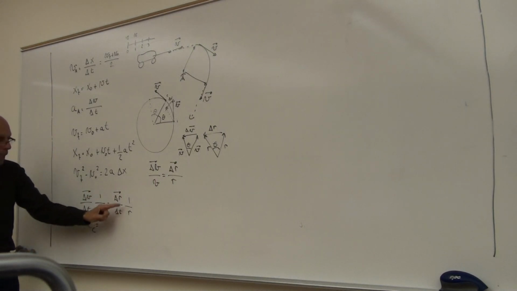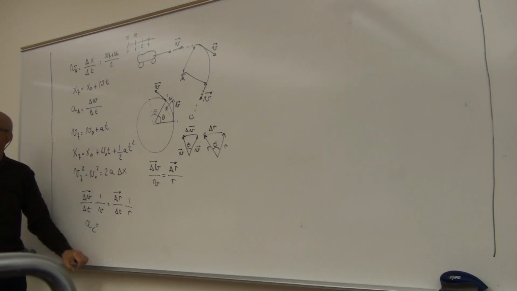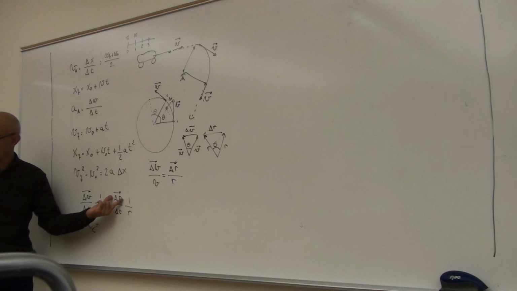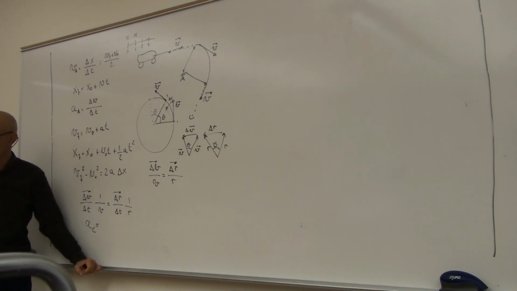Now, what is this here? Delta R over delta T. It's the rate of change of position over time. The position is changing over time.